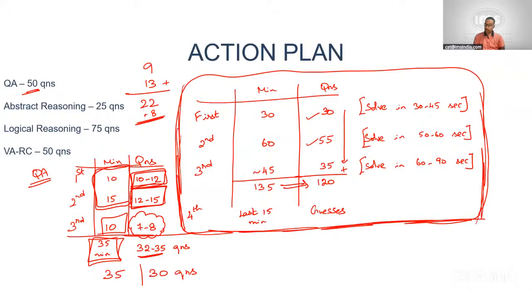Now, you can customize it to your needs, but one of my recommendations would be this, and how to execute it in one section at a smaller level was what we have attempted to do. I hope the session was useful. We are also planning some more strategy sessions, such as shortcuts in QA and shortcuts in reasoning, which will happen over the next few days.